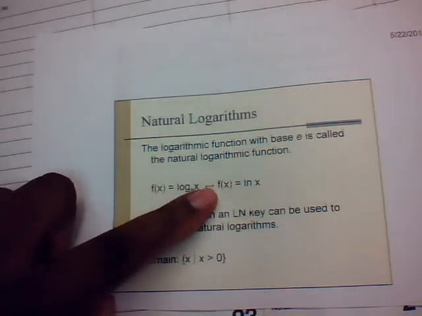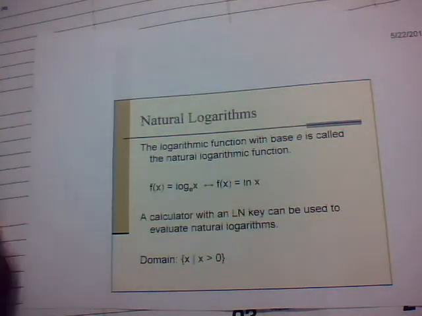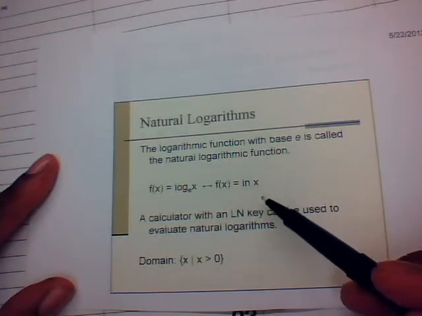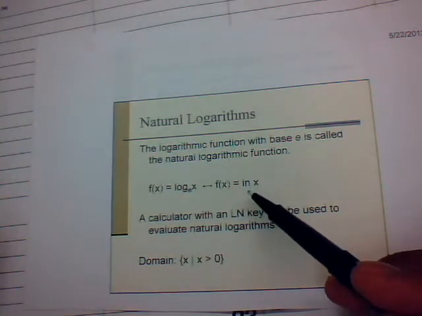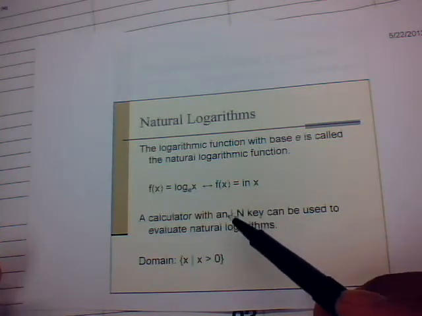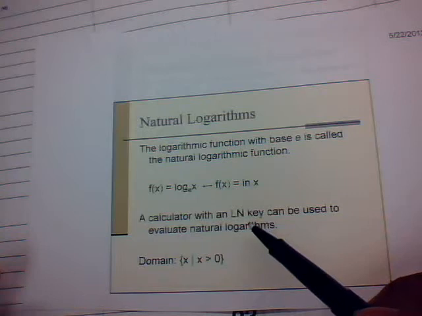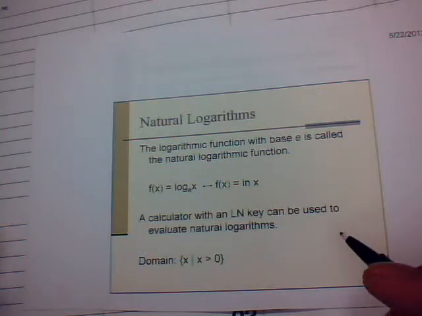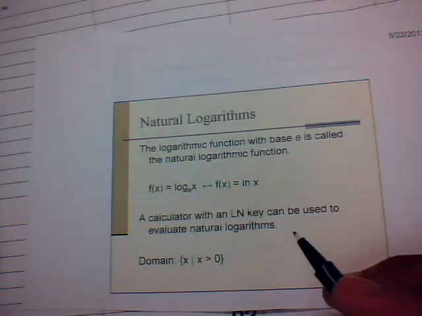It's just simply going to be f of x equals ln of x, meaning the natural logarithm of x. And we read that as ln of x. The calculator has the ln key, which is the 7th key on the left-hand side of your calculator, and we can use that to evaluate natural logarithms.